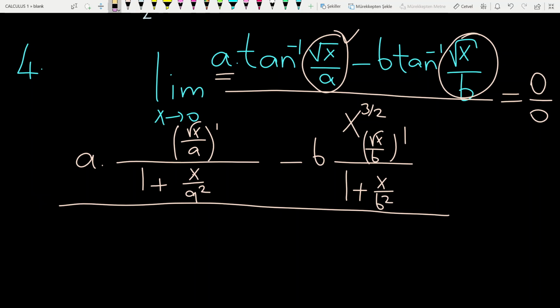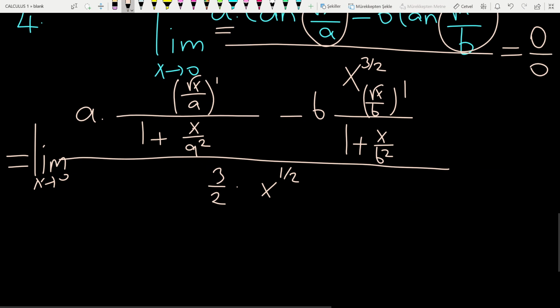And you have the limit, of course, x tends to 0. So what about the denominator? You have 3 over 2 times x to the power 1 over 2. You apply L'Hopital's rule to the denominator also. So let's continue.